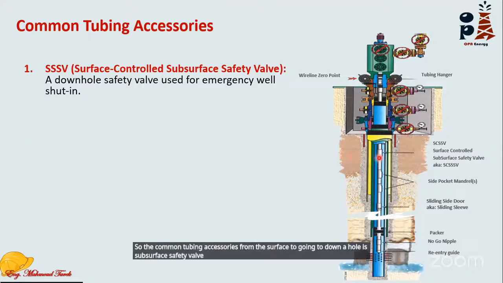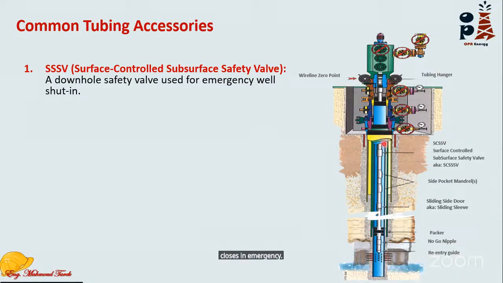A subsurface safety valve is a downhole safety valve with a gate that closes in an emergency situation. The surface controlled subsurface safety valve is controlled by hydraulic pressure from the surface, and when we release the pressure, the gate closes in an emergency situation.